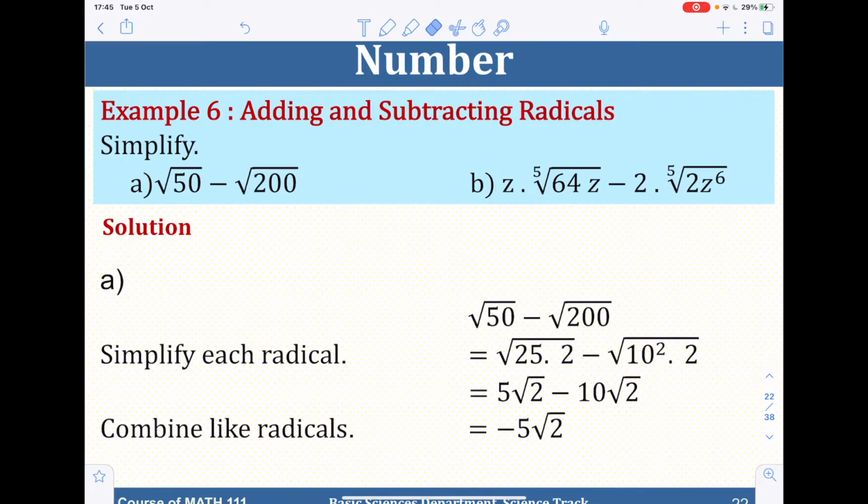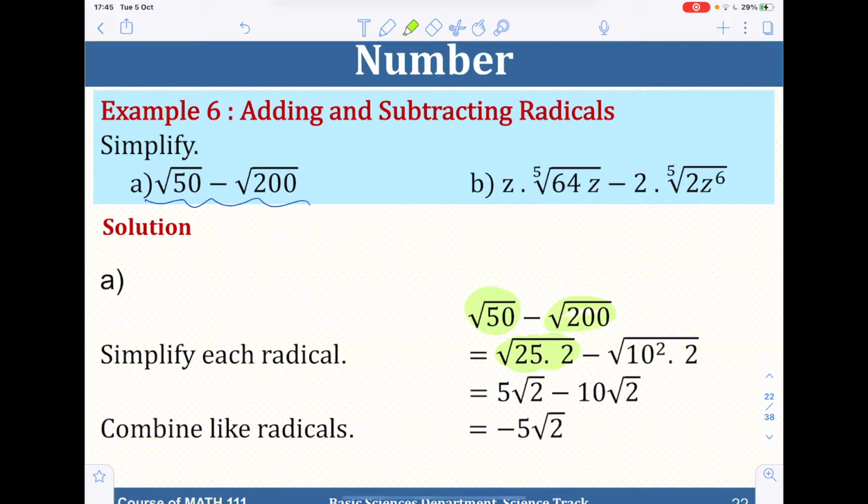Simplify root 50 minus root 200. So in order to do that, as we said, we have to have the same or similar radical. So let's try to write root 50 as root of 25 times 2.